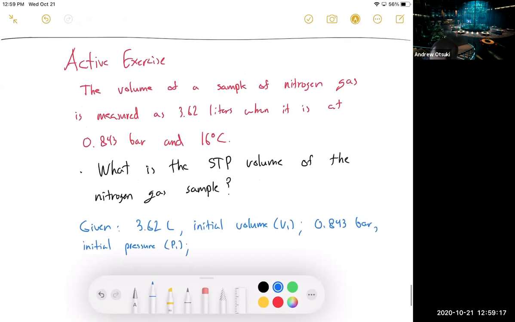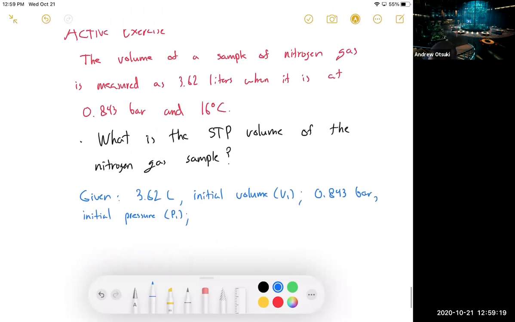Now 16 degrees C, that's my initial temperature, T1. Then we have 0 degrees C as my final temperature, because that is STP conditions.